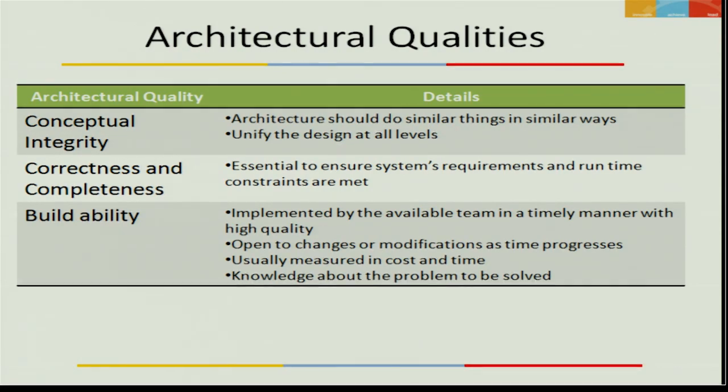It should be open to change or modification as time progresses. And essentially knowledge about the problem that needs to be solved, we definitely need to look into. So buildability is an important architectural parameter that the architect needs to look into.